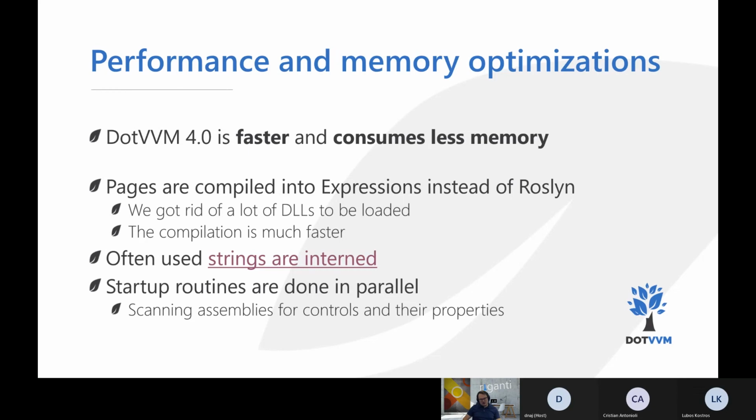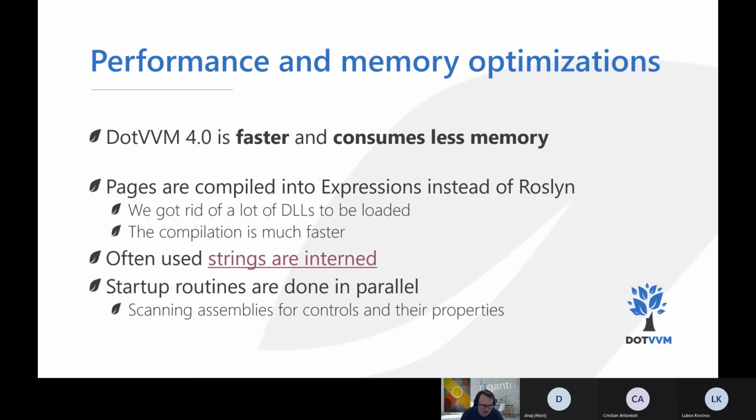On multi-CPU machines, which is quite a common scenario on non-developer machines and also on servers, the application should start much faster because it will use more CPU cores to do the initialization tasks. So the application should start faster and should consume less memory, especially when your DotVVM pages are quite long and contain a lot of repetitive code, because it will be in memory only once.